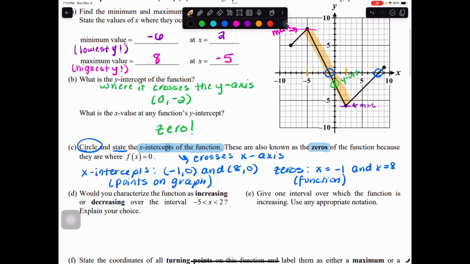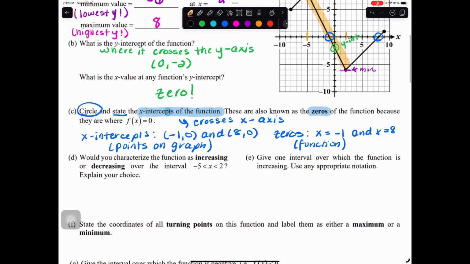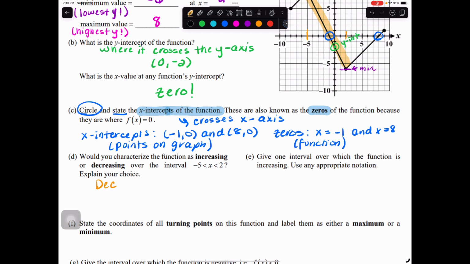Well, when I look at that, as the x values are increasing, the y values are going down. So that means that this section of the graph should be decreasing because the y values are going down.